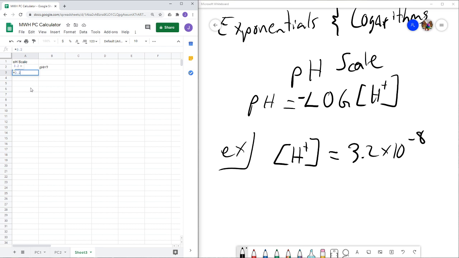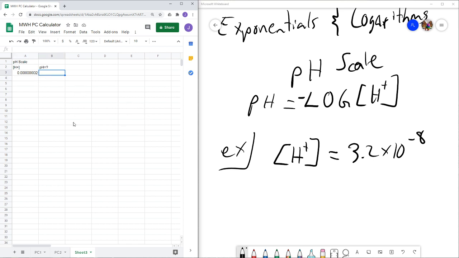I'm going to do 3.2, then shift and number 8, which gives me my multiplication sign. So we have 3.2 times 10, and if we hit shift, number 6, that gives us our exponent. Then we need parentheses and a negative 8. I hit enter, and there is our 3.2 times 10 to the negative 8.